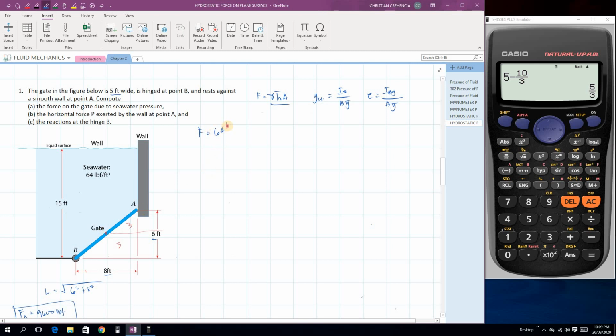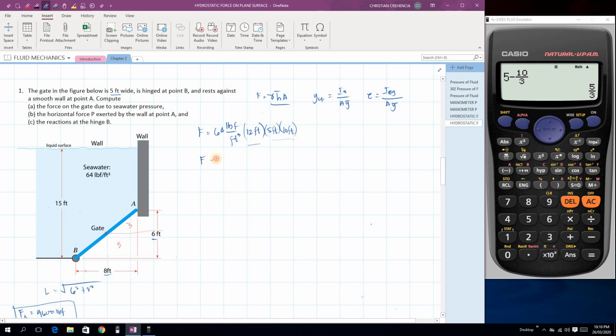So, 64 pa rin pound force per cubic foot multiplied by h bar. So, h bar natin will be 12 feet. Then, area natin is 5 by 10 pa rin to. So, we have 50. Sulat ko na lang siguro. 5 feet by 10 feet. So, gamma, h bar, then yung area.